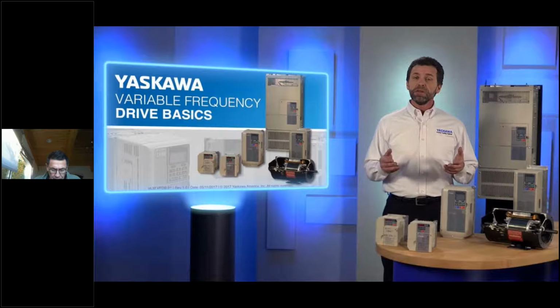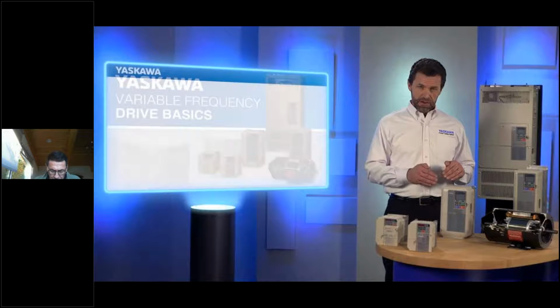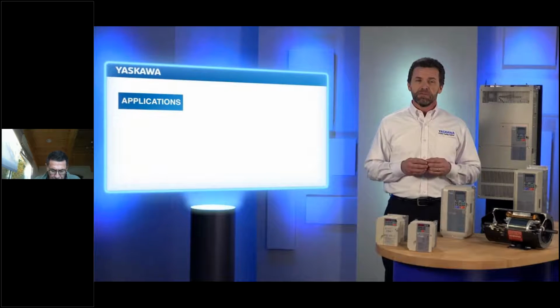Whatever you call them, what's important is what goes on inside of them and how we use them to control and monitor electric motors. In this presentation, before we look inside of a drive, we'll start with the many applications for variable speed drives, both industrial and commercial.